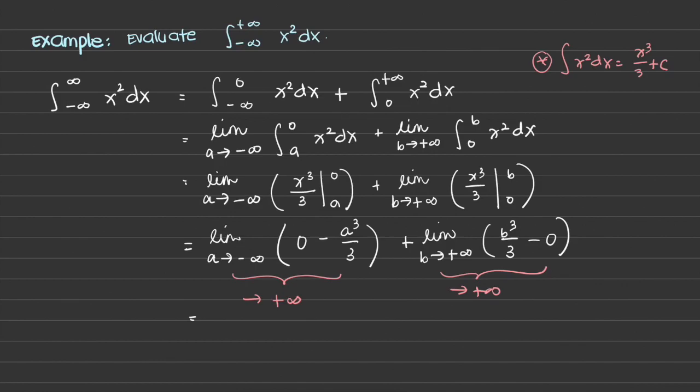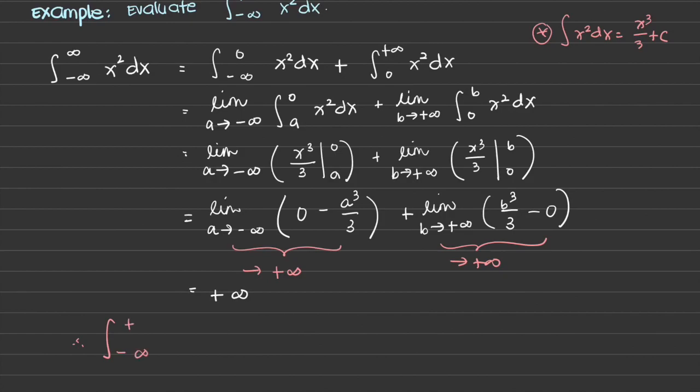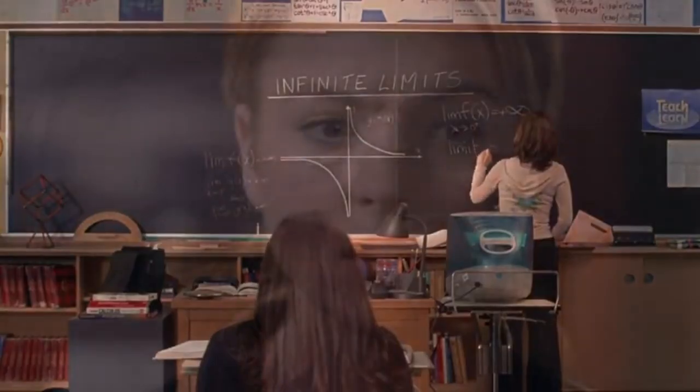So, you have finally equal tong sum na to sa positive infinity. So, therefore, the integral from negative infinity to positive infinity ng x squared dx is divergent because the limit does not exist. If the limit never approaches anything, the limit does not exist.